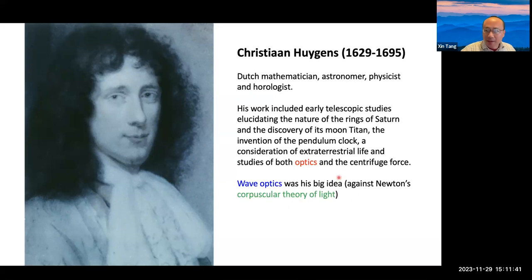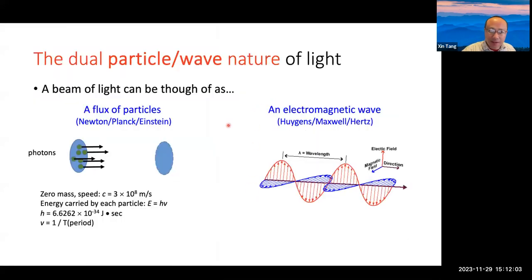Okay, but this theory cannot explain many phenomena, including the one I just showed in the previous slides. So then Huygens developed a new theory. He thought light can also be displayed in the form of waves. Okay, so then it becomes two schools of thought.